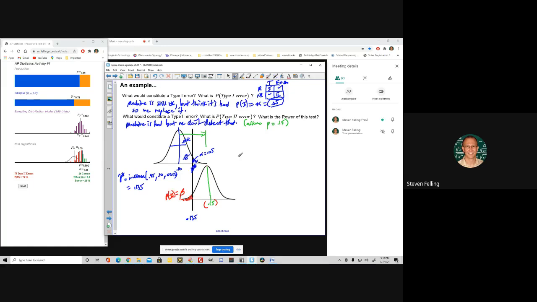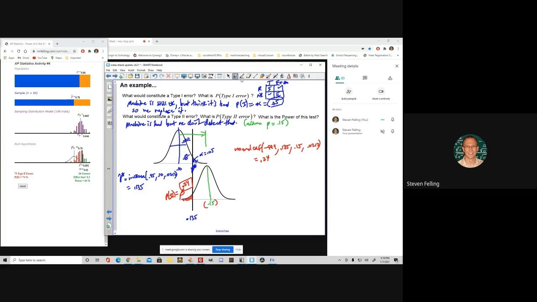So now I can use normal CDF to find that, from negative infinity up to 0.135, if the mean was really 15% and we assume that same 0.0212 standard deviation. That turns out to be 0.24. So there's a 24% chance of a type 2 error, meaning that if the machine was really out of tolerance and producing 15% bad parts instead of 10, there's a 24% chance that we would randomly not detect that.